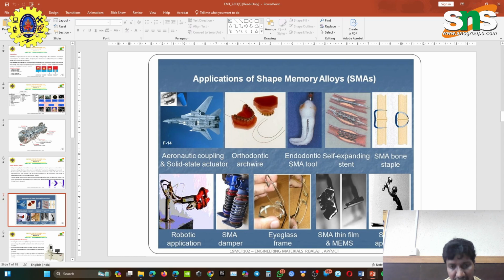SMA dampers are used to absorb vibrations. Other applications are glasses frames, SMA thin films, and SMA actuators, which return to the original position when you apply any kind of force on the material.